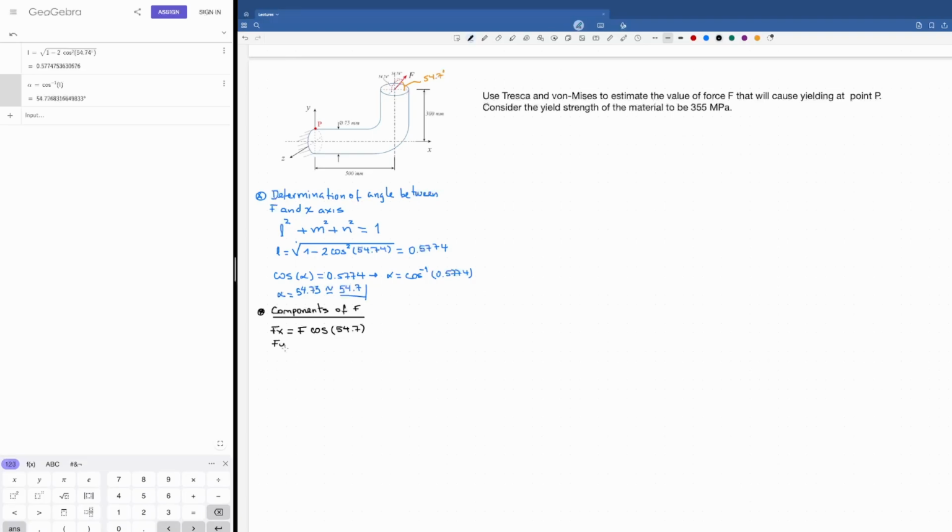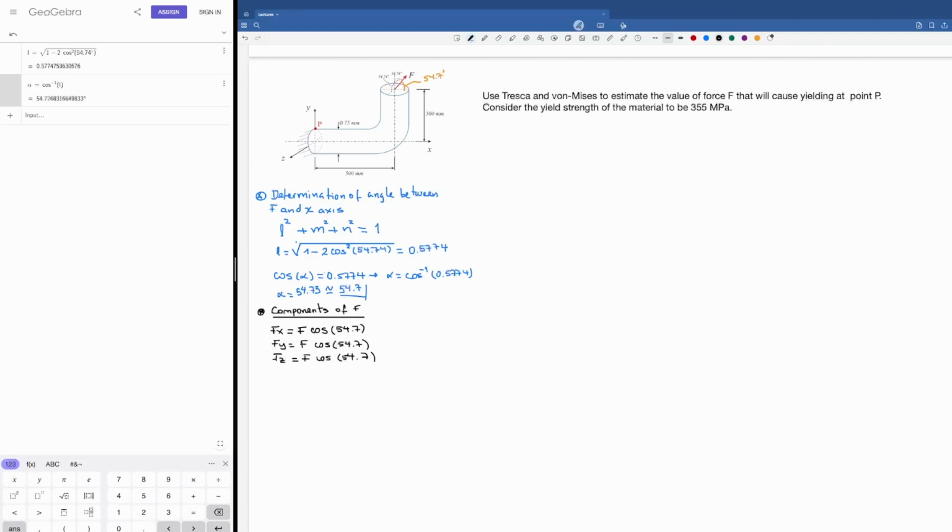Then Fy is going to be, it's awful, F times the cosine of this much. This is a 4, no, it looks like a 9. And then Fz equals this, like this. Meaning that all those three components are in terms of F, which is a very interesting case that would make our life easier.